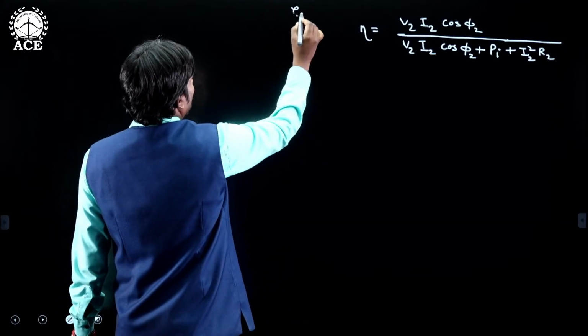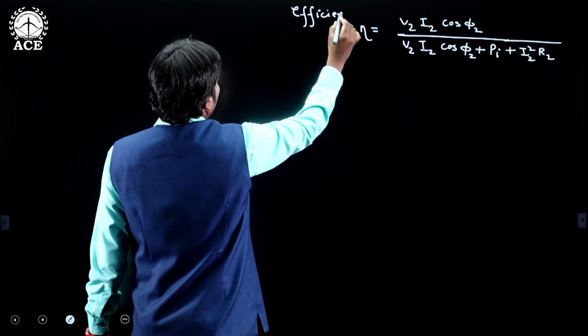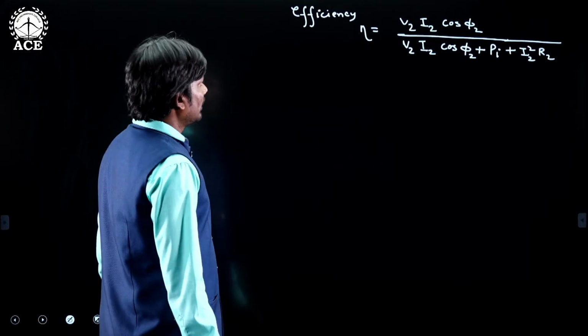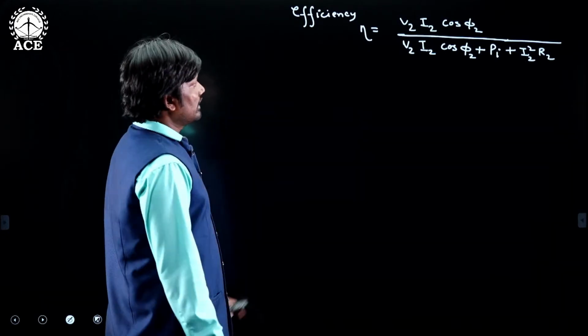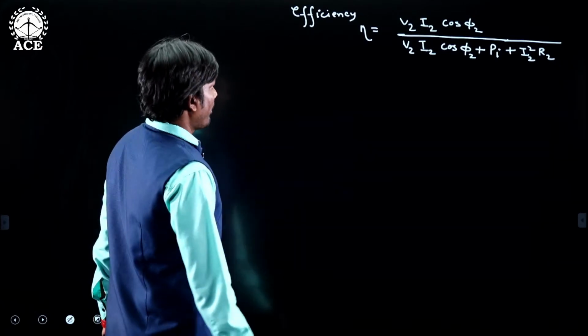This is nothing but the efficiency of the transformer. Now differentiate this efficiency with respect to current I2.